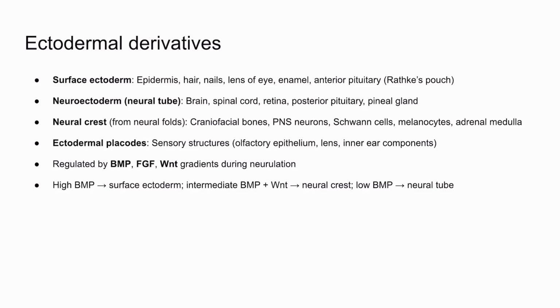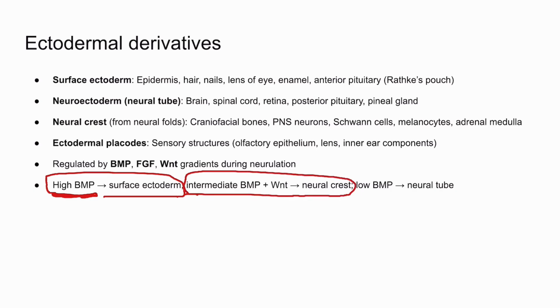So we have seen that high BMP helps in the surface ectoderm formation, intermediate BMP and WNT signaling leads to neural crest formation. However, low BMP helps in the neural tube formation.